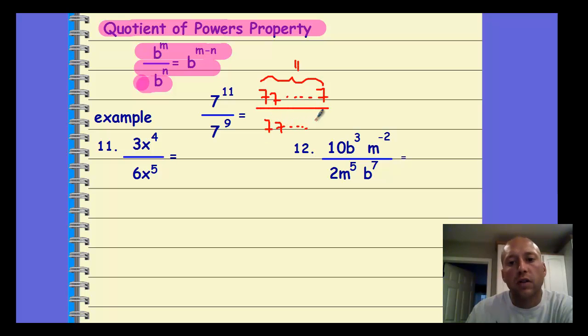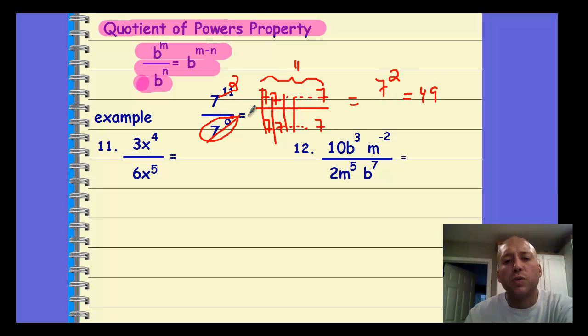So these reduce out. 7 divided by 7 is 1. Those reduce out, and they keep reducing out. The 9 on the bottom reduce out with 9 of these, and I'm left with 2 left over. And so there's more on top. So I have 7 squared left over, which is 49. So I think about 7 to the 11th over 7 to the 9th as how many 7s we can reduce.